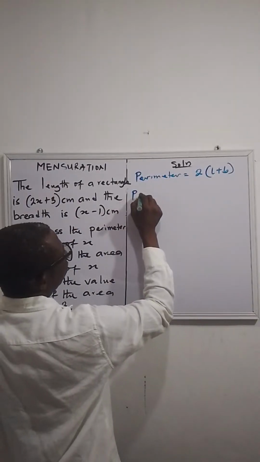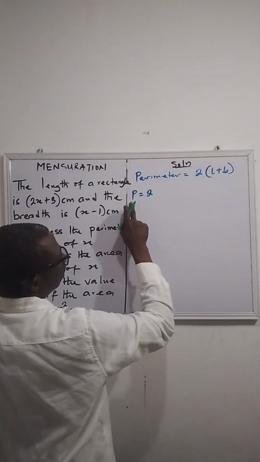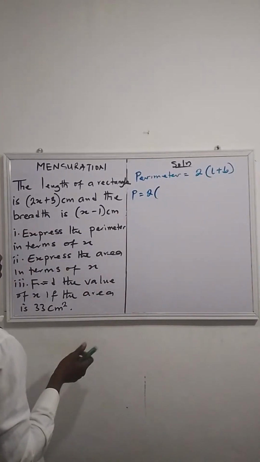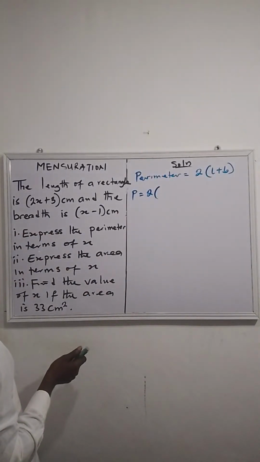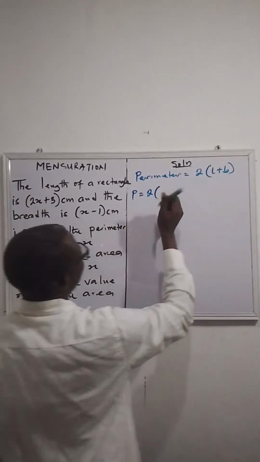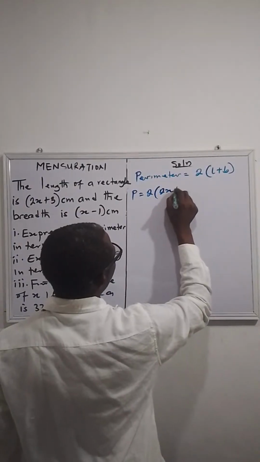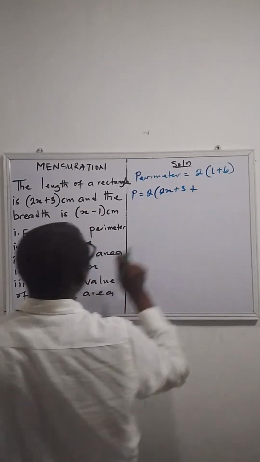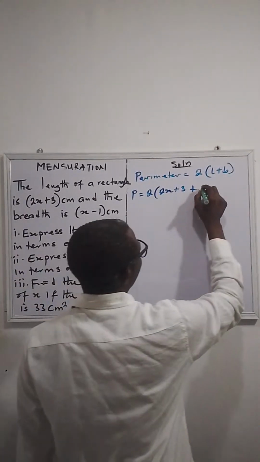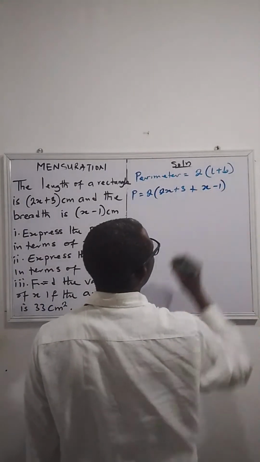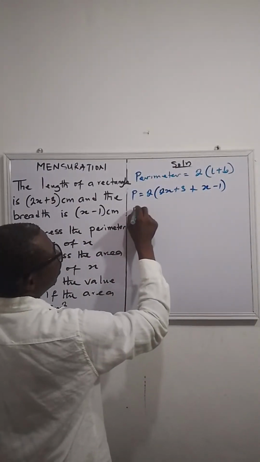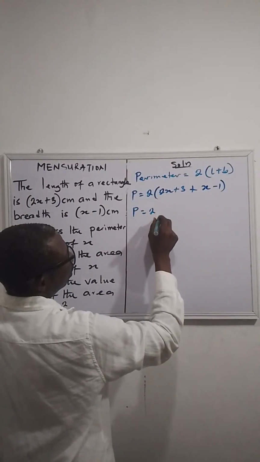So we have P equals 2, where P is my perimeter. Now the length has been given. The length is 2x plus 3, plus the breadth, which is x minus 1. Everything in centimeter.